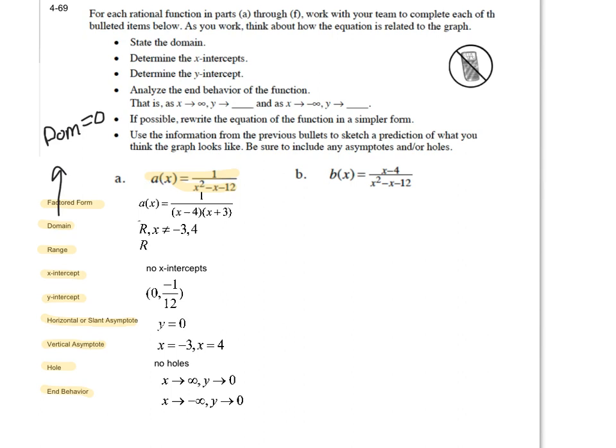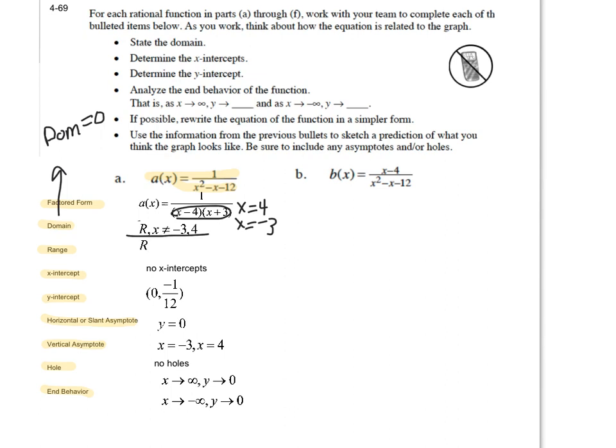So when x equals 4 and when x equals negative 3, I'm going to get 0 in my denominator. So my domain is going to be all reals except negative 3 and 4.